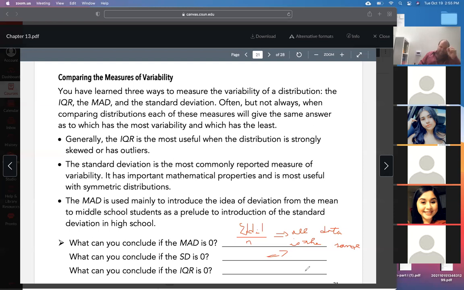Yes. And if Q1 and Q3 are the same, what does it tell you about the data? You're so close. If Q1 and Q3 are the same, what do you know about the data?